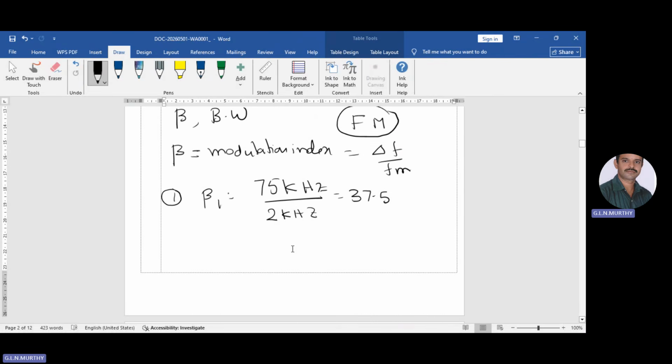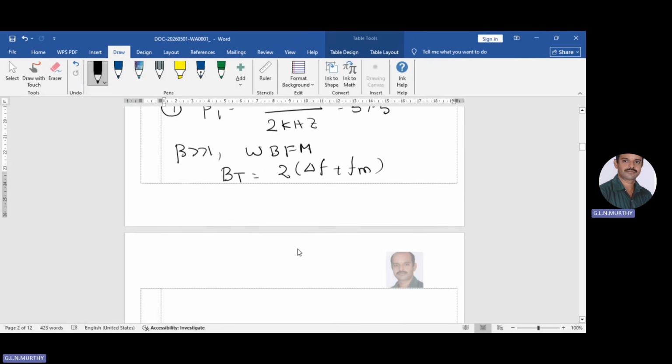So what is happening here? The beta value is much larger than 1, so this comes under wideband frequency modulation. The transmission bandwidth for wideband frequency modulation is 2 into delta f plus fm. Delta f is the frequency deviation, 75 kilohertz, and fm is the message frequency, 2 kilohertz.